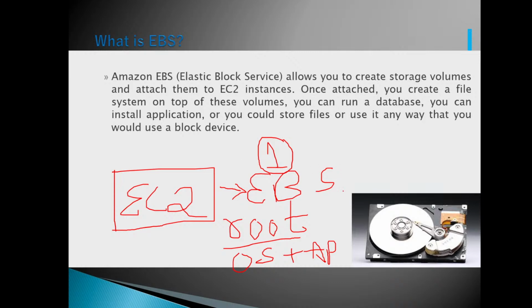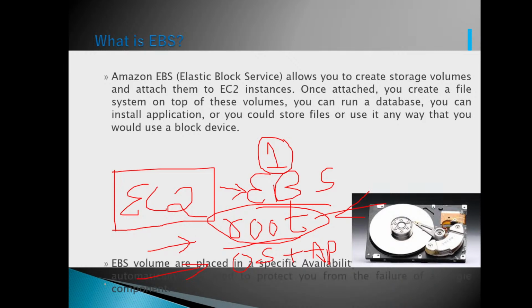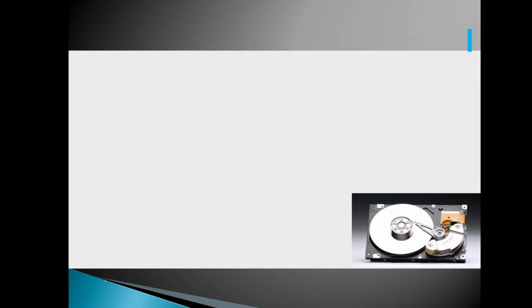So EBS volume is a normal hard disk, but I want to segregate it into two parts, root volume and external volume. What is meant by root volume? The volume or the device on which the OS will be installed. You can store user data as well, but this works as the primary for your OS or your applications. Any question on this?